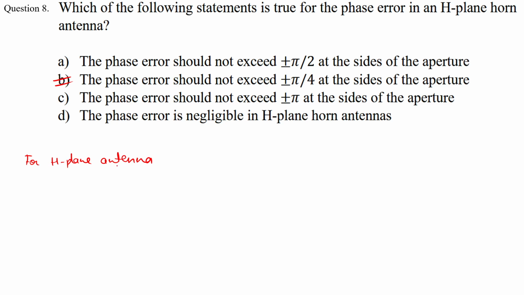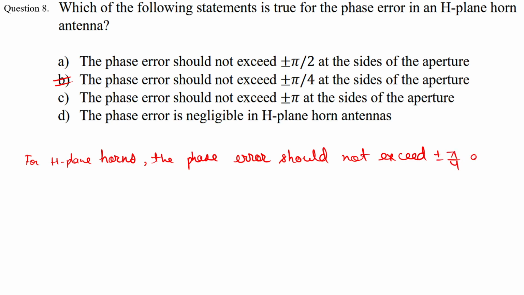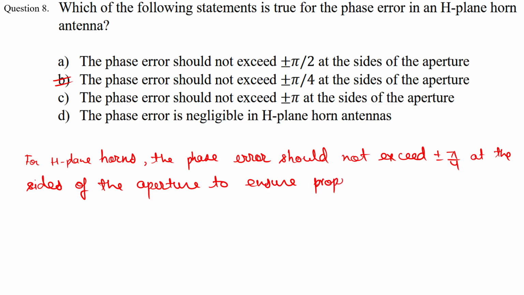I will rewrite this. For H-plane horns, the phase error should not exceed plus minus pi by 4 at the sides of the aperture to ensure proper phase distribution and maintain high directivity.